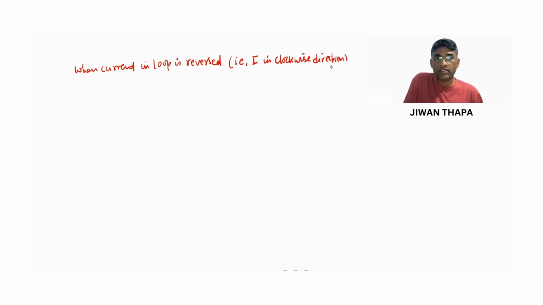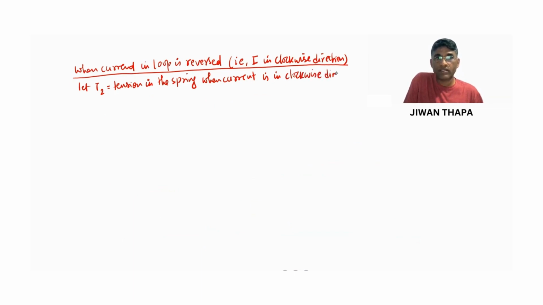So we have this. So in this case, let T2 be the tension in the spring when current is in clockwise direction. So we have this.